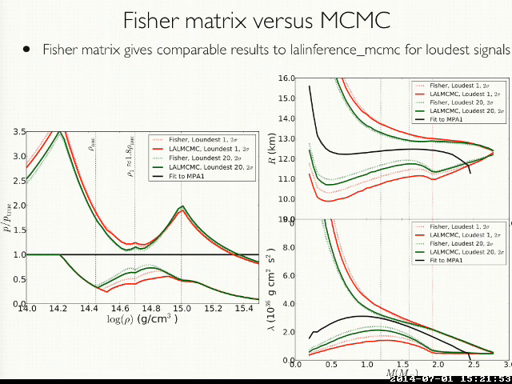I'm not sure I'll say much about this, but we've compared results for using a Fisher matrix approximation versus an MCMC approximation for calculating the tidal parameter for each star. If you just look at the loudest events in your population, you get roughly the same effect. I haven't looked at the quietest events, but the Fisher matrix breaks down for low SNR systems, so you'd expect it to get worse.